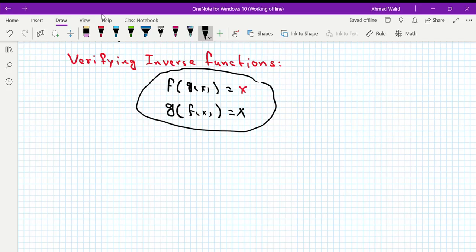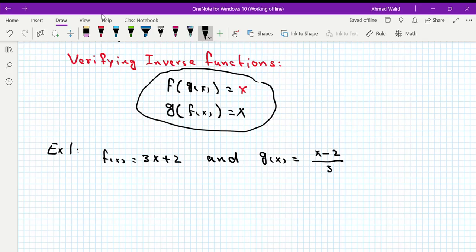Example number 1. f of x equals 3x plus 2 and g of x equals (x minus 2) over 3.